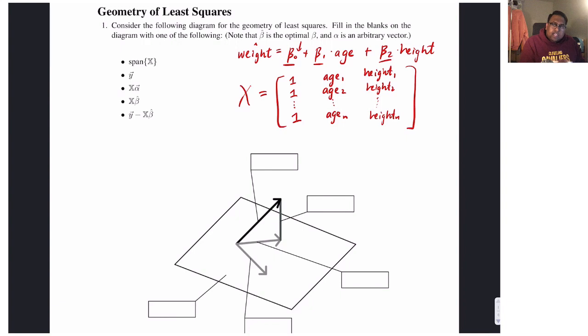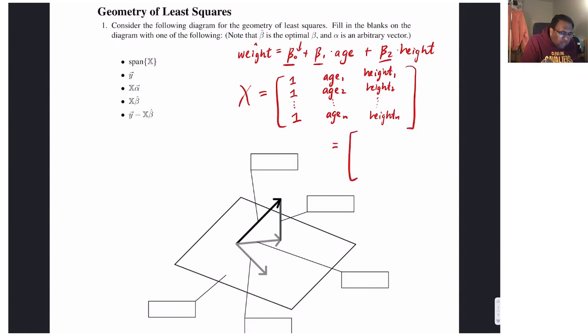The rows in X then are all of the features for one observation. So the first row is the age, height, and intercept term for one person, right? The second row is the age, height, and intercept term for the second observation, so on and so forth. So columns represent one feature, all of the observations. Rows represent one observation, all of the features.